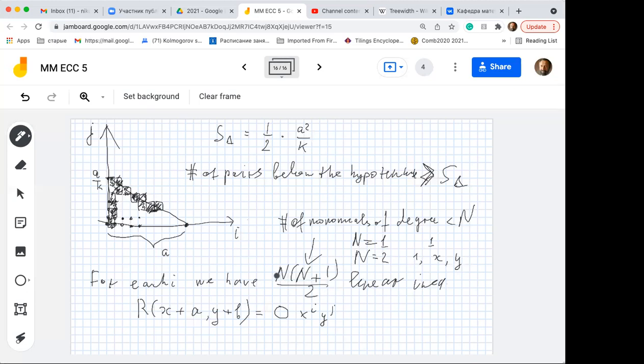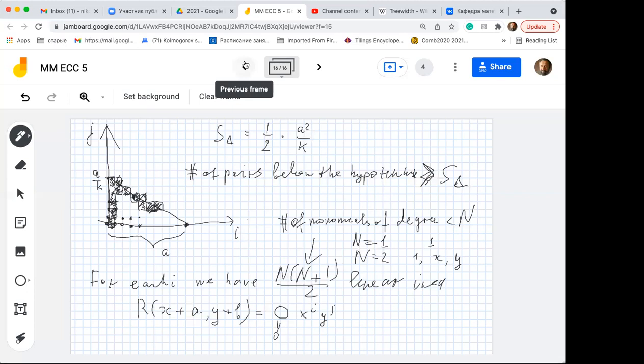And so we indeed obtain 3, which is 2 times 2 plus 1 over 2, and so on. So for each i, we need to write a constraint that the coefficient of this polynomial at the term x^i y^j, where the sum of i and j is less than N, is 0, and we have N times N plus 1 over 2 such monomials.